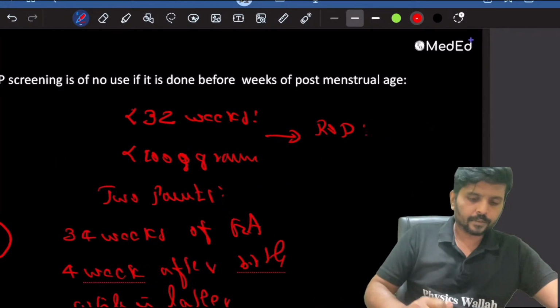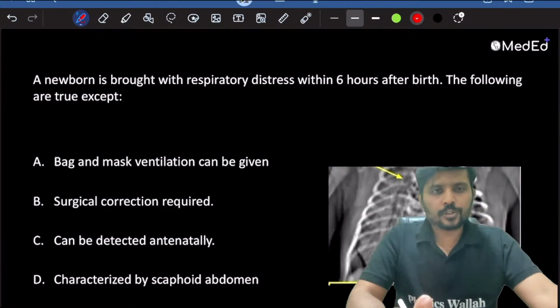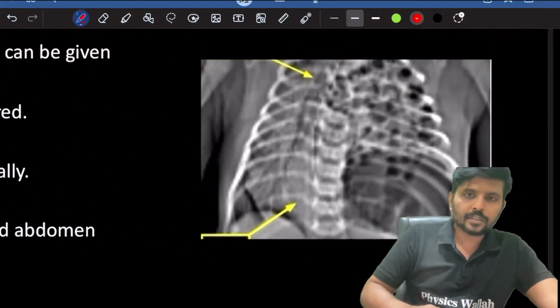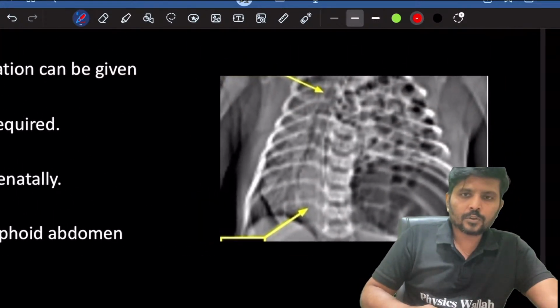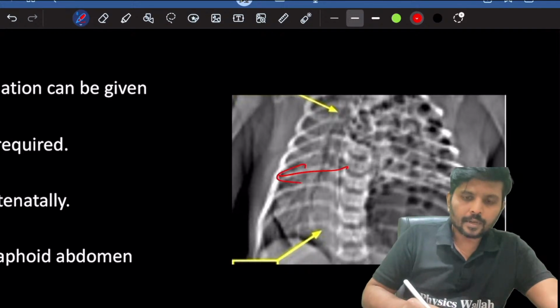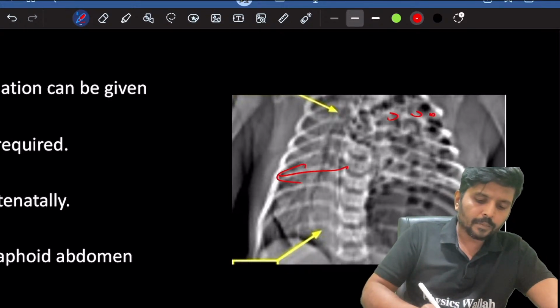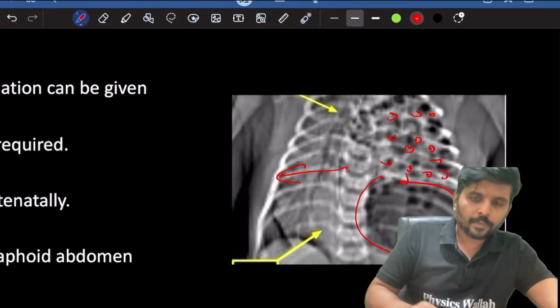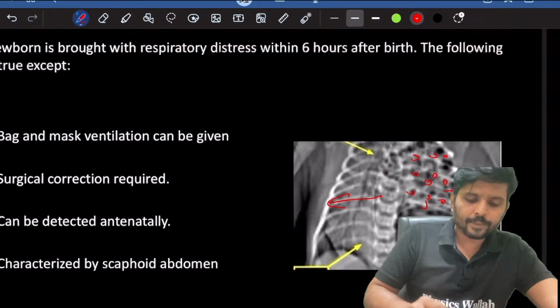Right? Next question. A newborn is brought with respiratory distress within 6 hours after birth. The following are true except. So look at this. What is this? It is so obvious that the heart is pushed to the right side, and you could see multiple intestinal lumens on the left side, and you have stomach shadow on the left hemithorax.